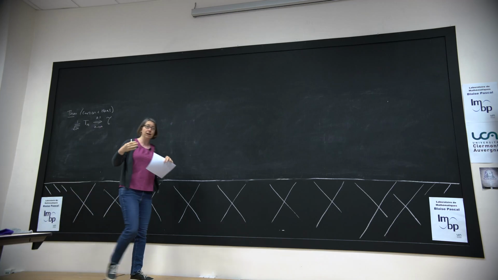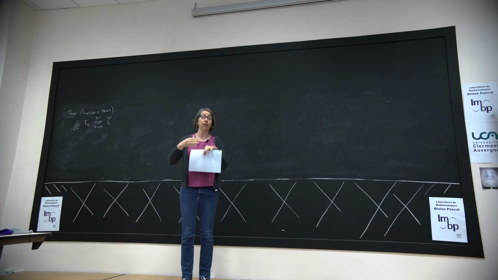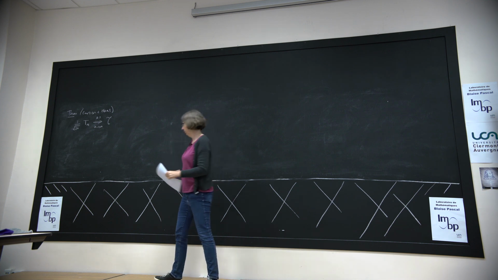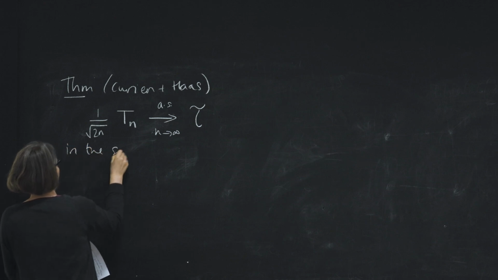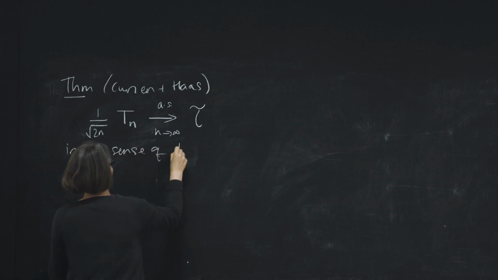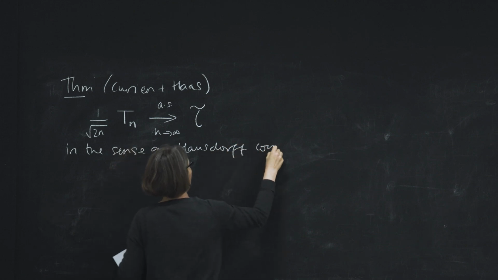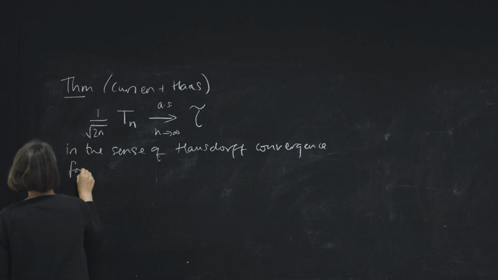I'm now thinking about these things as compact subsets of L1, and the right notion of convergence is then Hausdorff convergence, in the sense of Hausdorff convergence for compact subsets of L1.